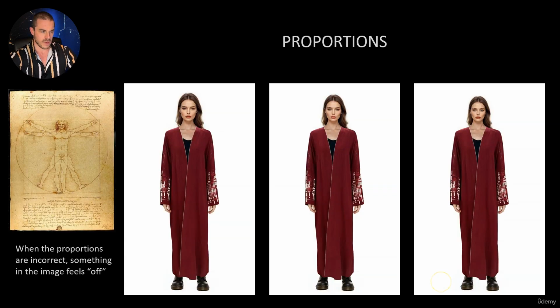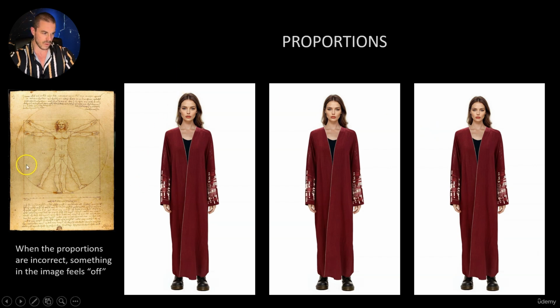Good. Proportions, composition, and aesthetics in images. What is that? Proportions. If you look at these images, there's just a slight difference. And if you focus on the head, you maybe notice that the head has a different size. And this is exactly what we mean with proportions.